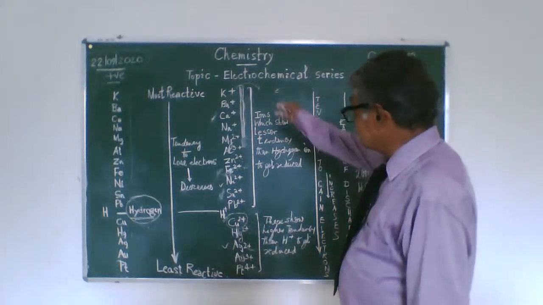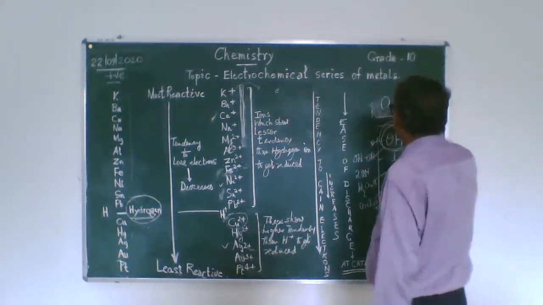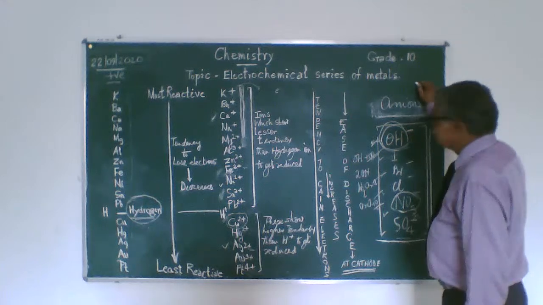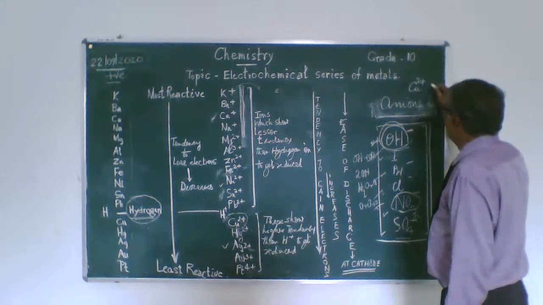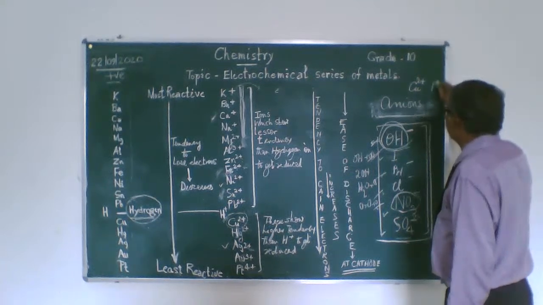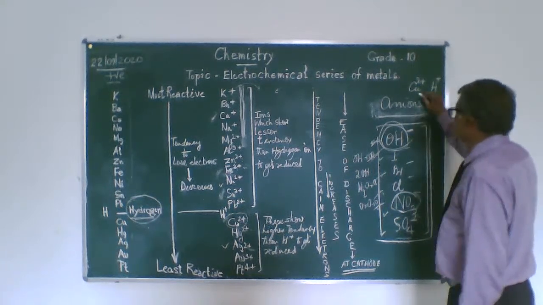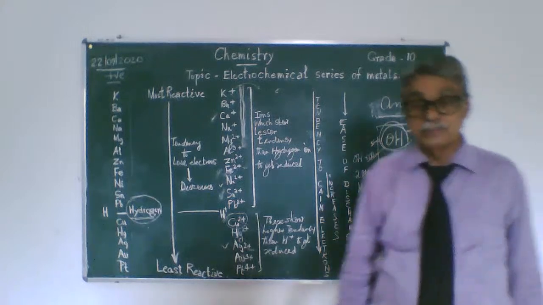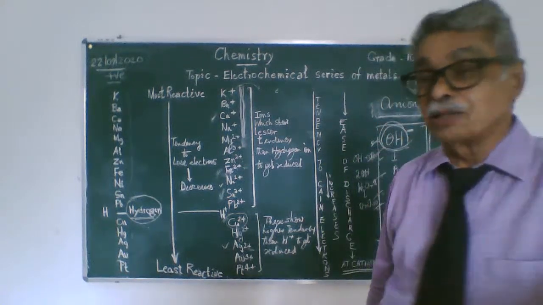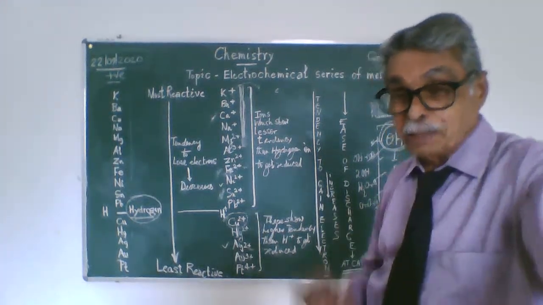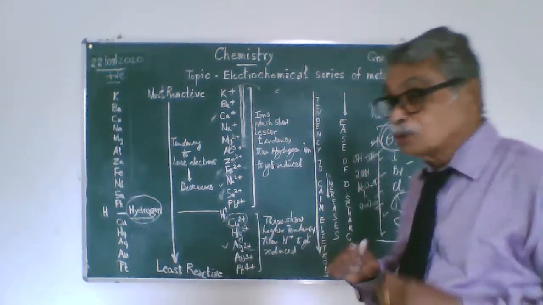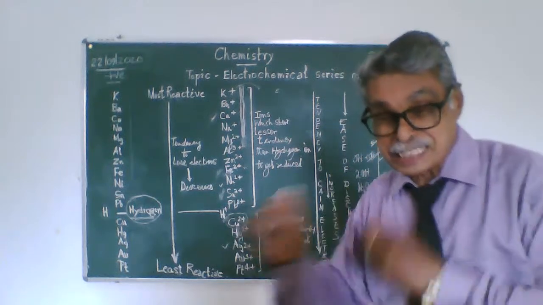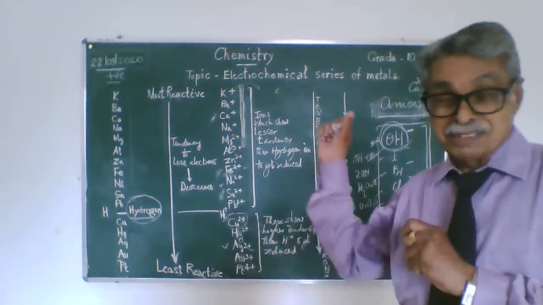Sometimes there will be, say, copper ion, Cu2+, and also hydrogen ion, H+. Both are in solution. They will compete. Both are positive ions and will go to the cathode. Who wins?